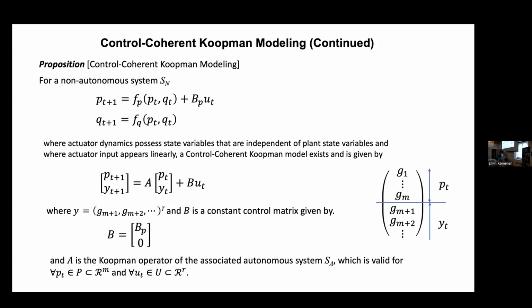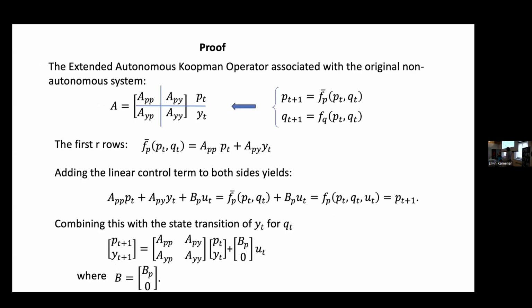With this, the matrix A can be broken down into four blocks, and the upper part is related to the actuator state transition p_t. In the first row, we get p_{t+1} equals A_pp p_t plus A_py y_t. By simply adding the control term B_p u_t to both sides, we get this equation due to superposition.